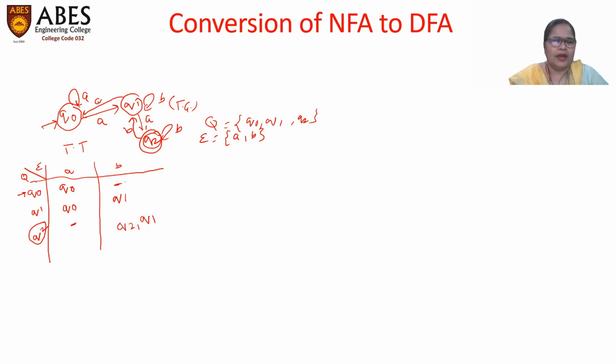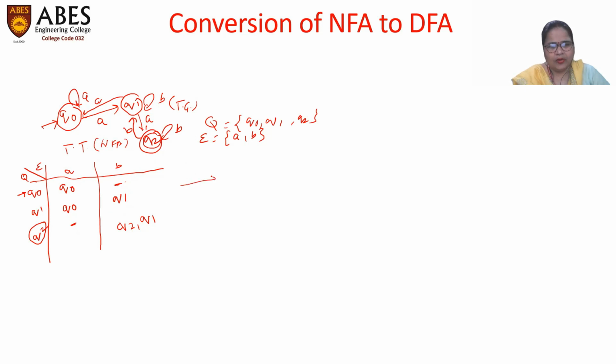At Q1, for symbol A, you are going to Q0, and for symbol B, you are going to Q1 itself. At state Q2, for input symbol A, you are never going anywhere, and for symbol B, you are going to Q1 as well as Q2, right? So this is the transition table for the NFA.